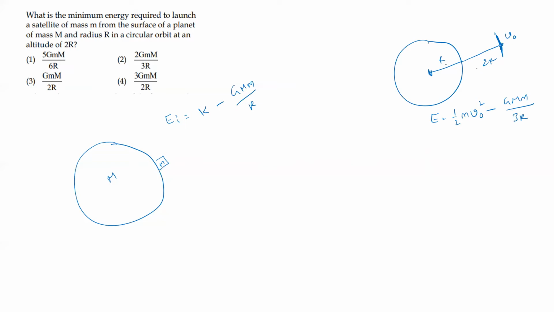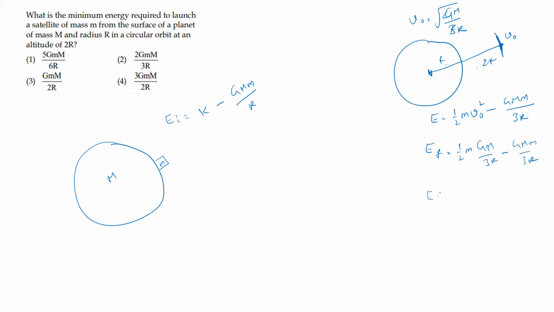At this height, the orbital velocity v naught is equal to under root of GM by 3R.